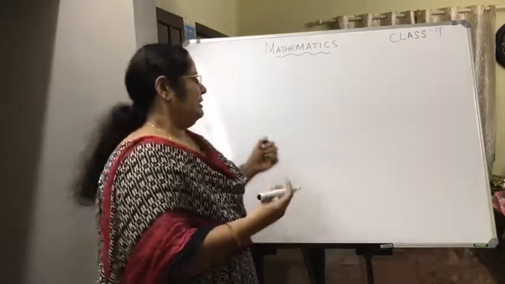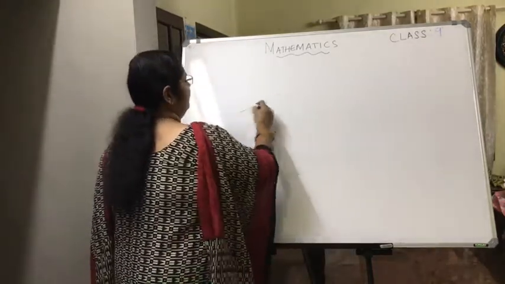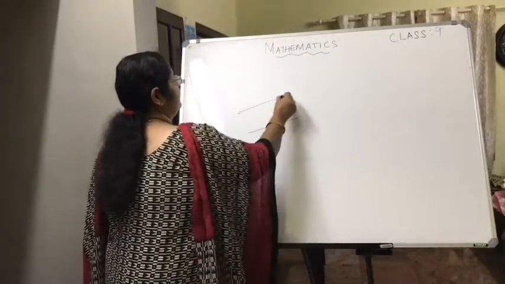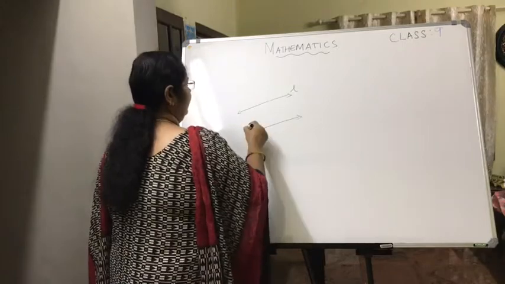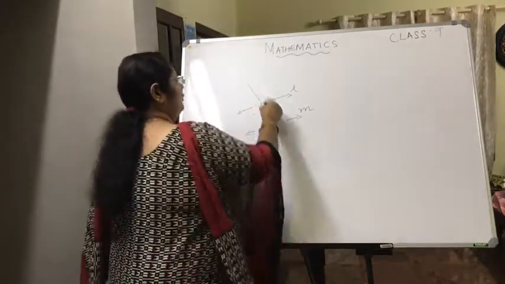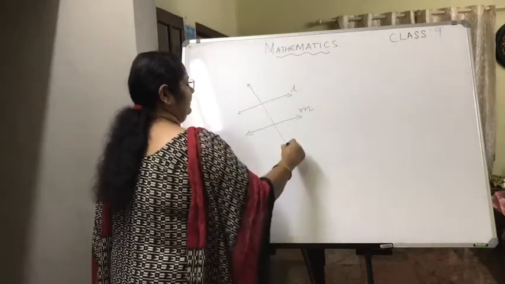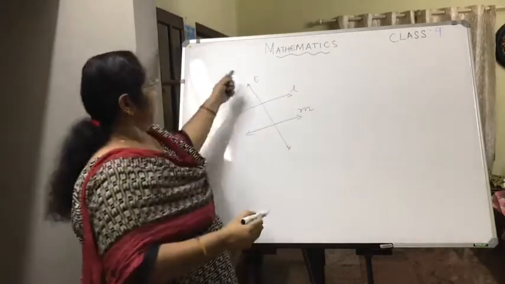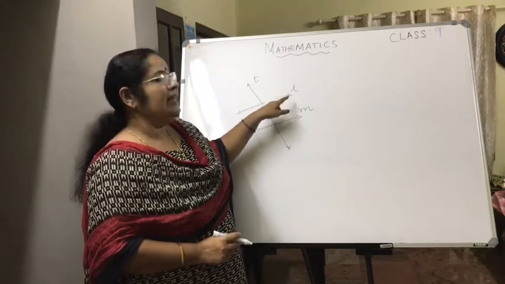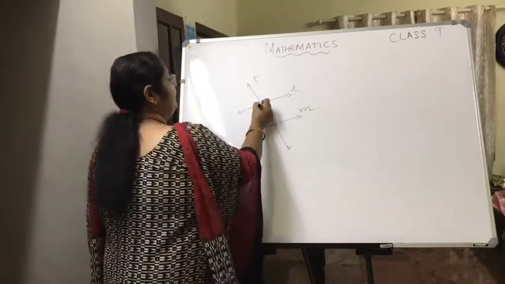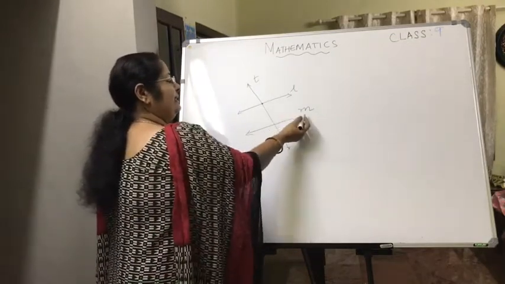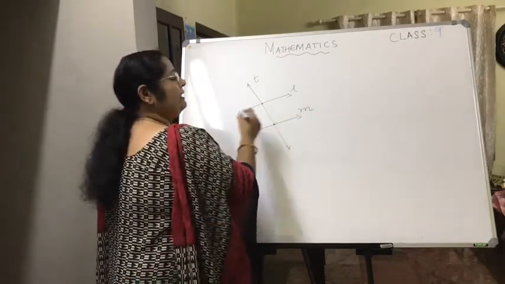See, suppose you have two lines like this. Say this is line L and this is line M. Now if you have another line, say T, this line T is intersecting the line L at a particular point. Also it is intersecting the line M at another point.